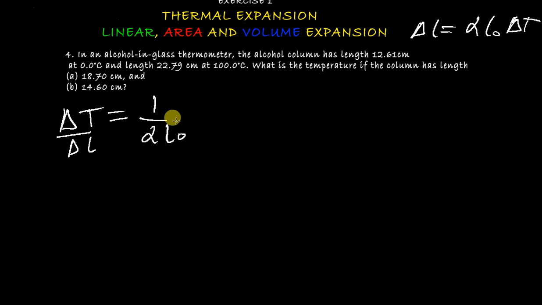L naught will also be a constant because it will be the same for both the first and the second case. So what you do is you consider this to just be K, which is just a constant.